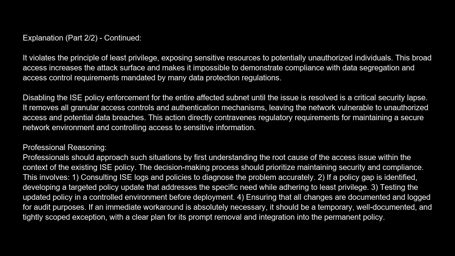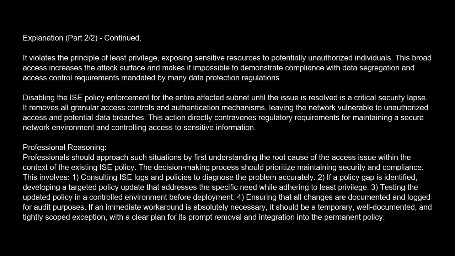Disabling the ISE policy enforcement for the entire affected subnet until the issue is resolved is a critical security lapse. It removes all granular access controls and authentication mechanisms, leaving the network vulnerable to unauthorized access and potential data breaches. This action directly contravenes regulatory requirements for maintaining a secure network environment and controlling access to sensitive information.